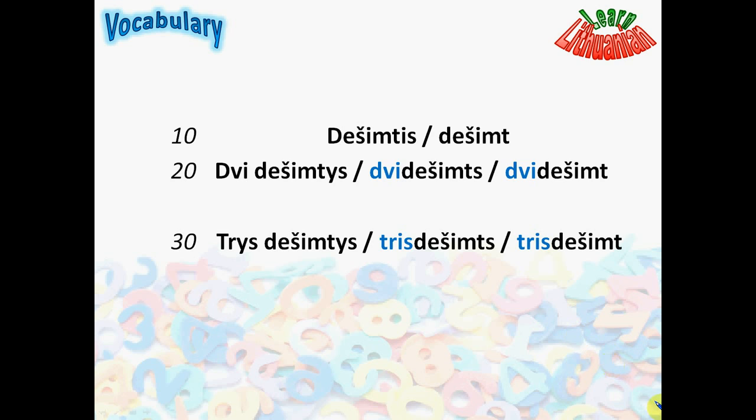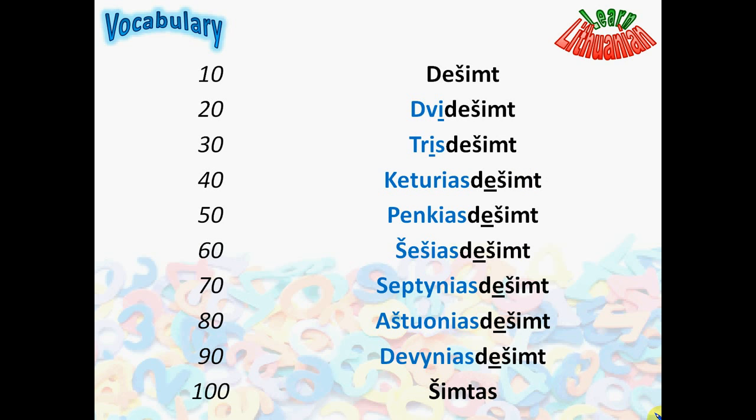Now let's see all the numbers 20, 30, 40 and so on. Before I read these numbers, I will tell you where the first part of these words came from.